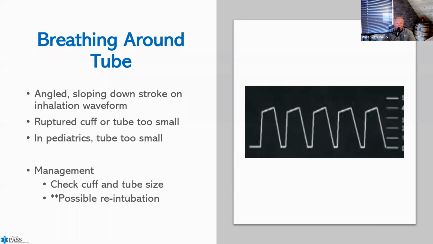When it takes longer for that to happen, it changes the waveform on the inhalation side, and this is what it would look like. So what would we do? Check your cuff and your tube size and make sure that is first and foremost appropriate. Then if you feel like it's inappropriate, you would pull your ET tube, bag valve assist your patient, and then possibly re-intubate them.